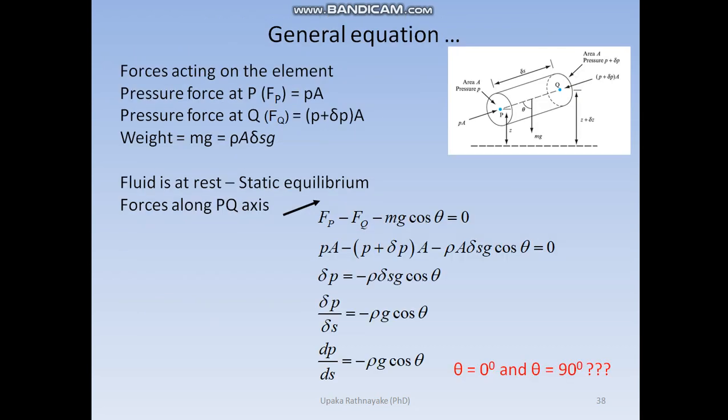If we do the analysis as it is given here, we'll get a simple differential equation, that is dP over ds is equal to minus rho g cos theta. Now we can apply the two specific cases which we have done, theta equal to 0 and theta equal to 90, and see whether we are getting the same answers.